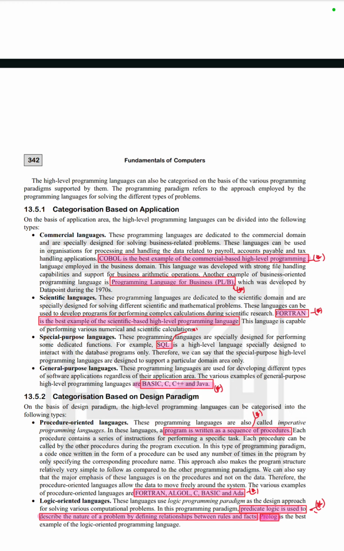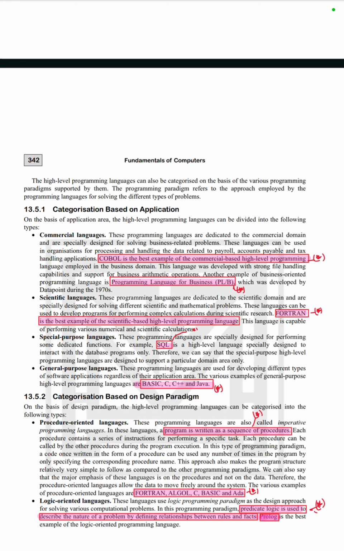Commercial languages: COBOL is the best example of a commercial based high level programming language for business. Scientific languages: Fortran is the best example of a scientific based high level programming language.